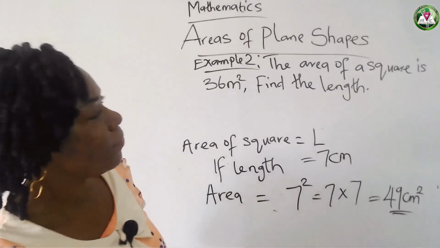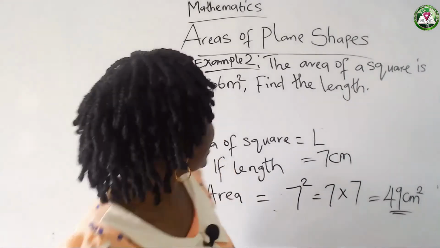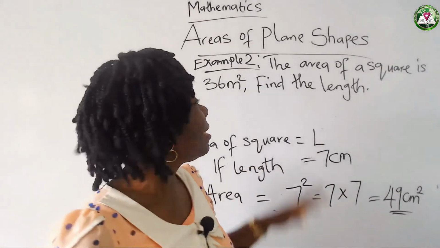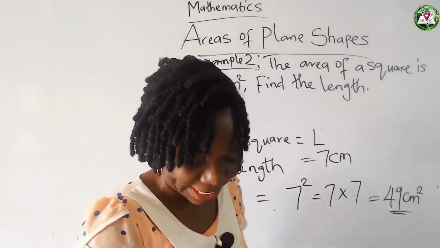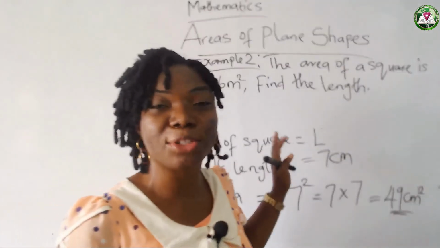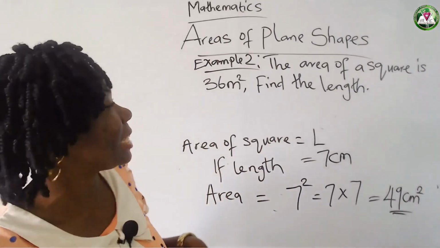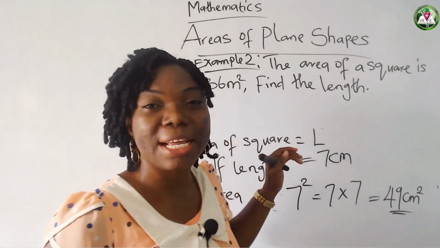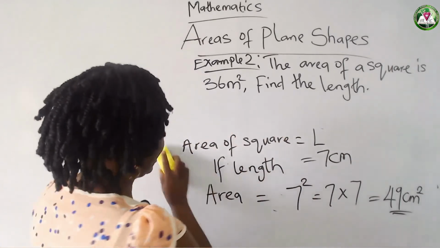The area of a square is 36 meters squared. Find the length. The area is given as 36 meters squared, and we are to find the length.